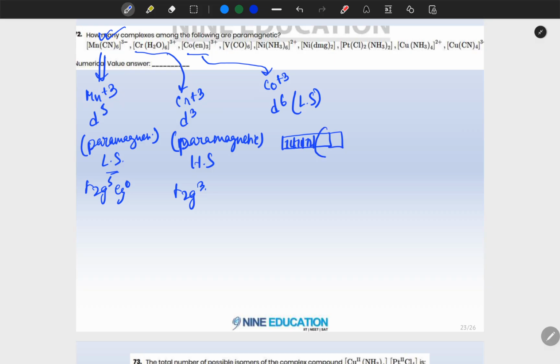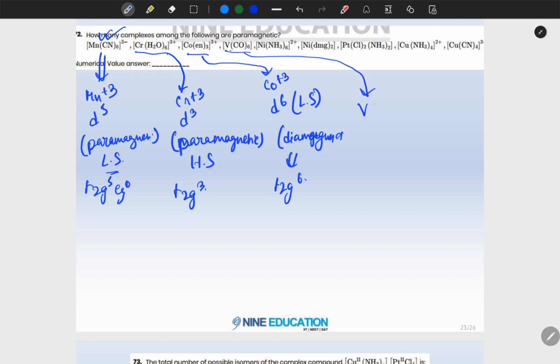The remaining 2 orbitals will participate in bond formation. So obviously this is a diamagnetic complex, and the configuration is t2g6, eg0.